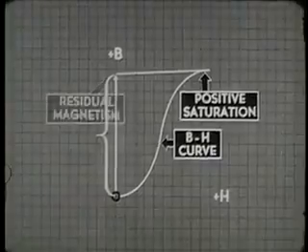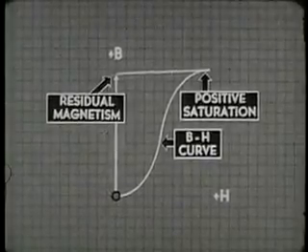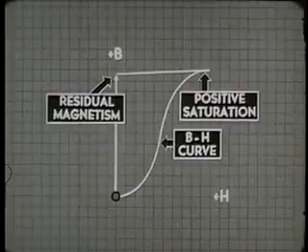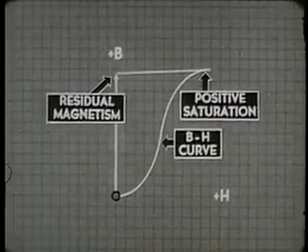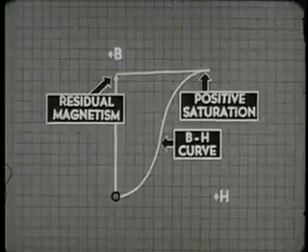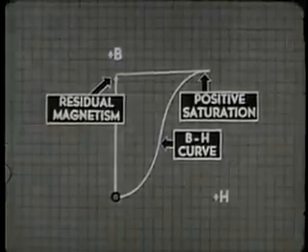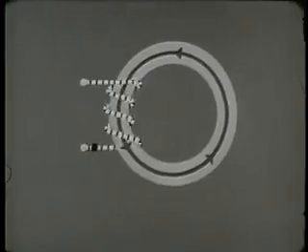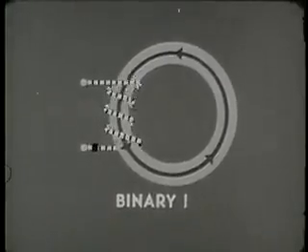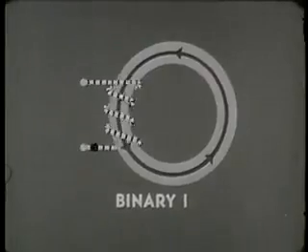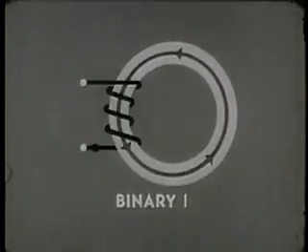This amount is known as the residual magnetism of the core material. The magnetism that remains after the force that brought it about is removed. When non-dot current sets the core to the binary 1 state, the residual property keeps it that way, indefinitely.